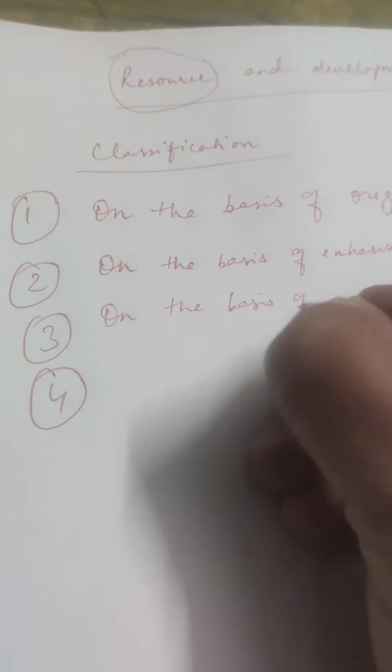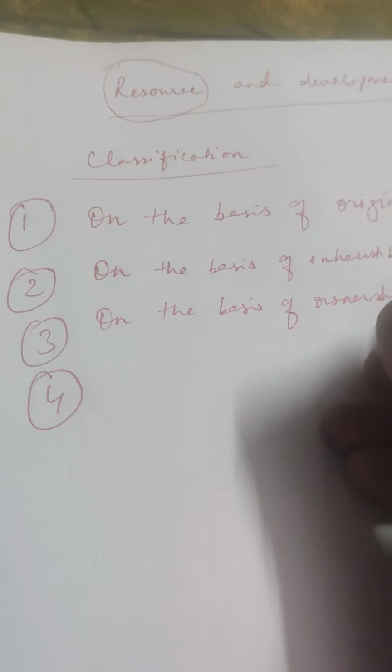Moving ahead, the next criteria is on the basis of ownership. On the basis of ownership, the resources can be classified into four parts: A, B, C and D. First is individual resource, second is community resource, third is national, and the fourth is international.